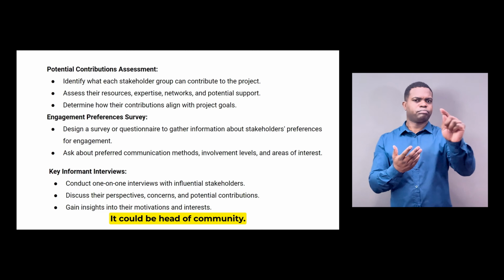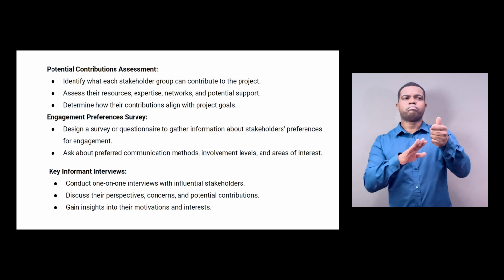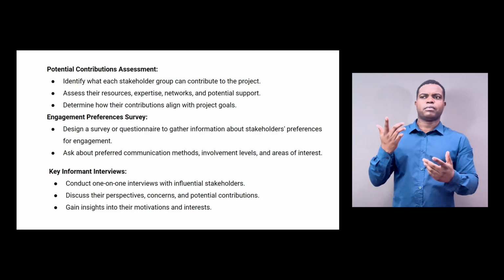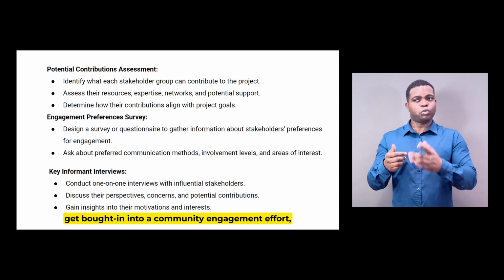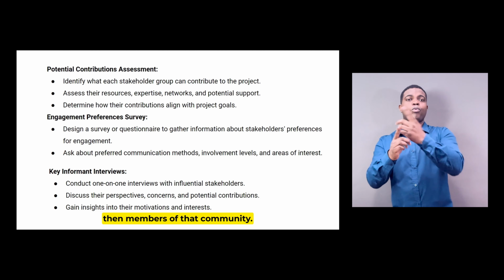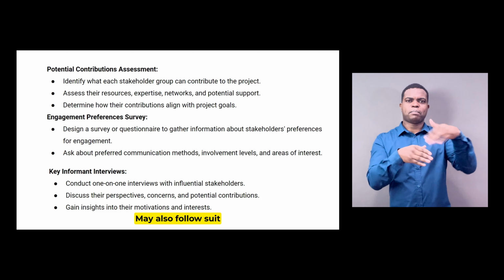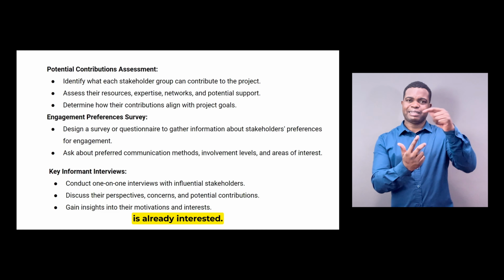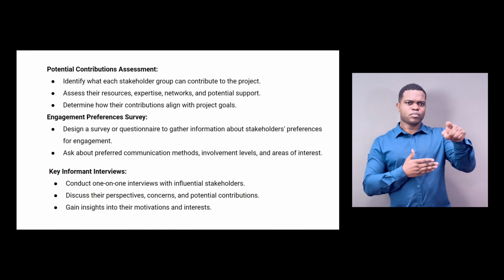It could be head of community. Many times, if the head of community gets bought into a community engagement effort, then members of that community may also follow suit because the head of community is already interested.